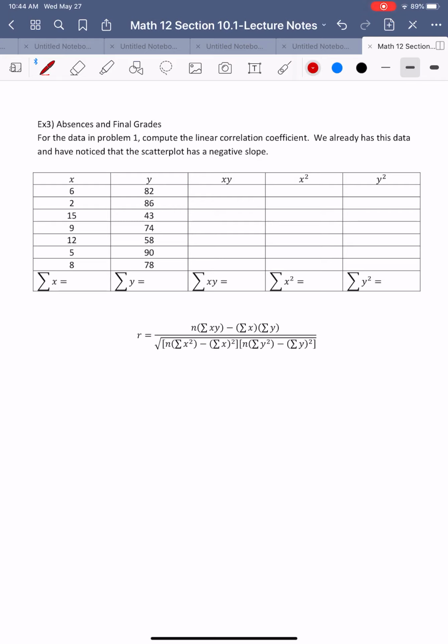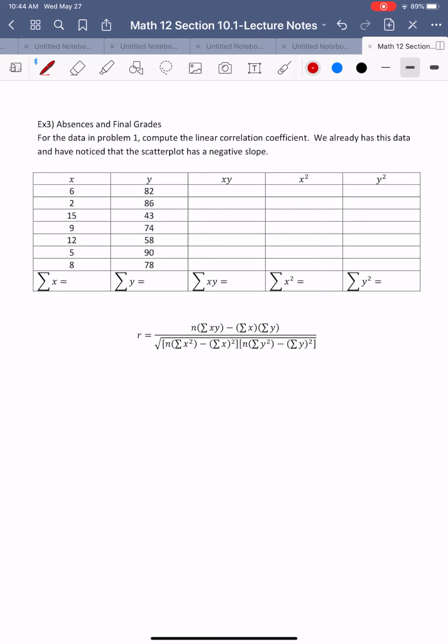This is actually a sample, okay? We didn't take everything. Oh, no, that was the first problem, sorry about that. This is about the absences and the final grades. So 6 absences and got an 82% on the final, right? Okay, so I already put down the data.